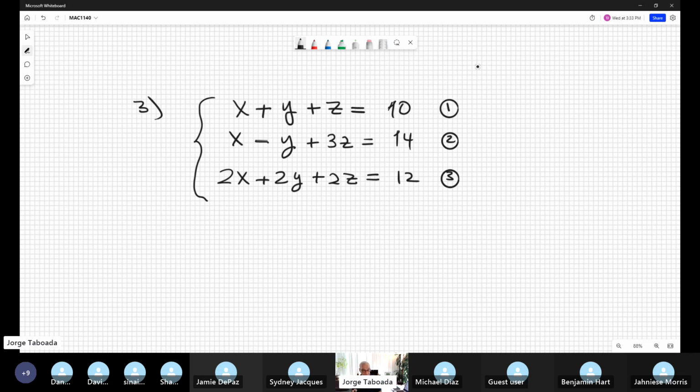There are two different ways to do it. For the student who has a strong intuition, you take, for example, the third equation. What is the reason that the professor put 2, 2, 2, and 12? Because everything is even numbers.